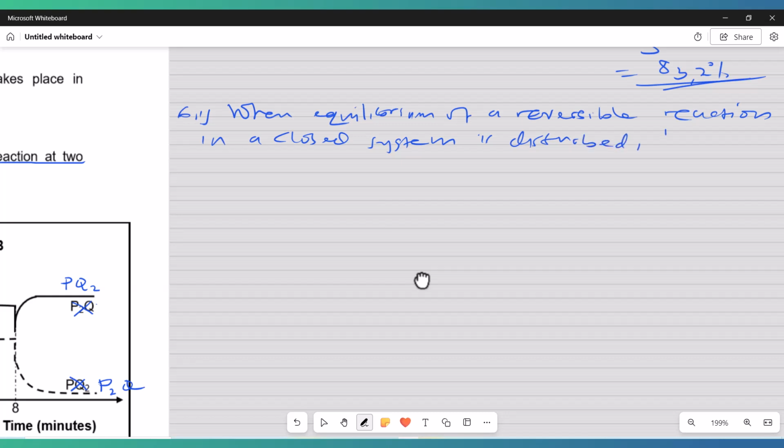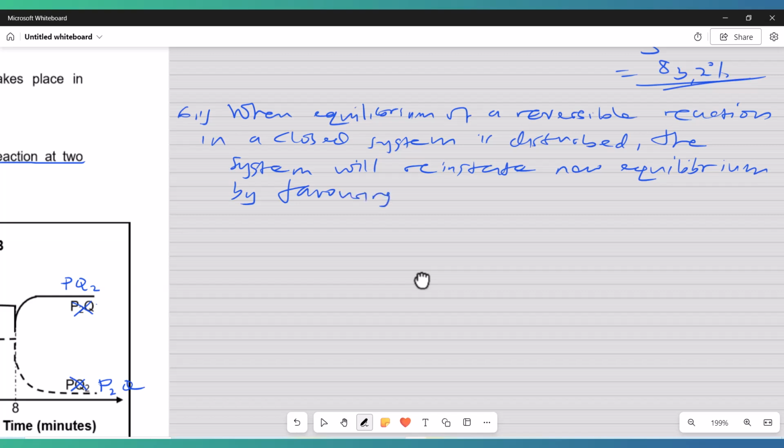what does the system do? The system will reinstate a new equilibrium by favoring the reaction that opposes the disturbance.